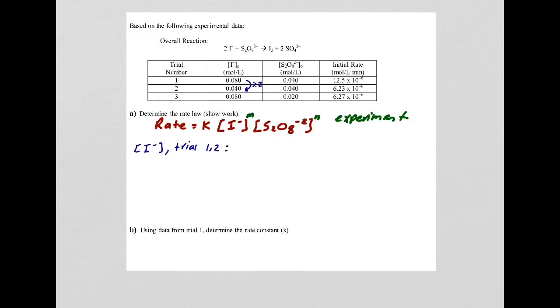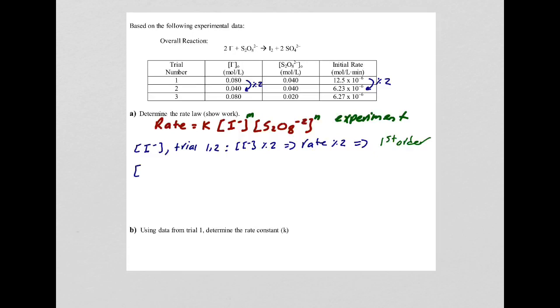The concentration goes down by half. What happens to the rate? It goes from 12.5 to 6.23. It also goes down by half. Now, you know what that means. If the concentration of I goes down by half and the rate also goes down by half, what do we have? That means we have a first order reaction for I minus. Alright, so far so good.